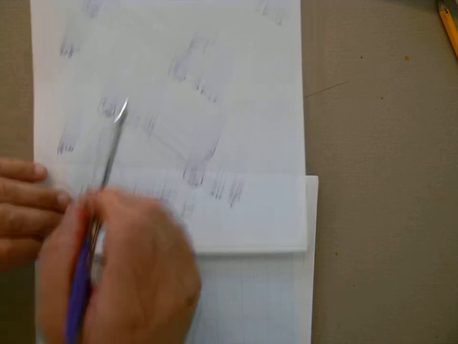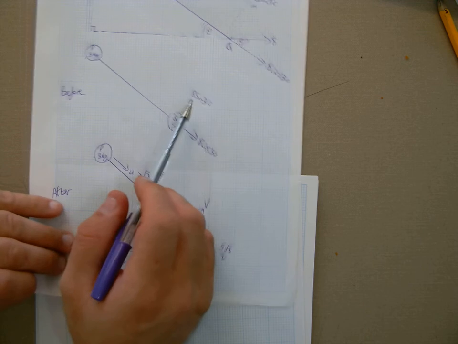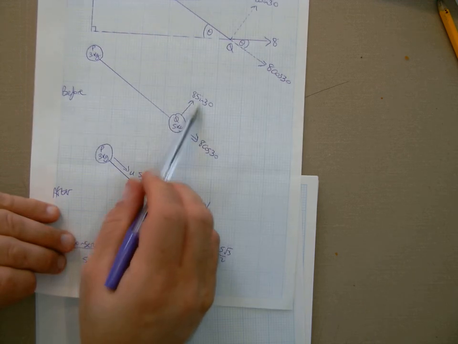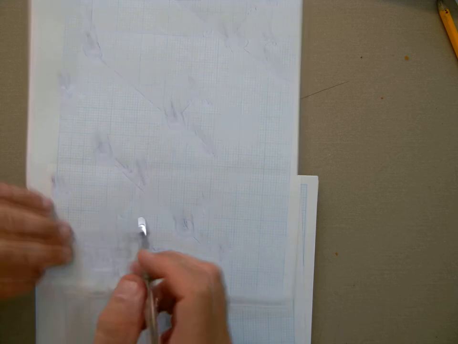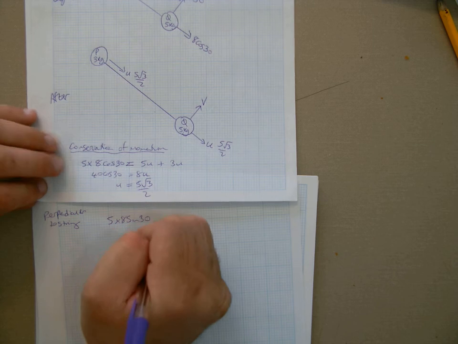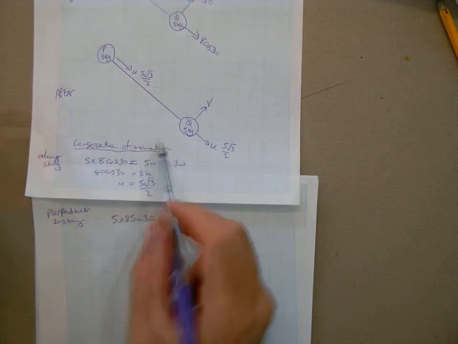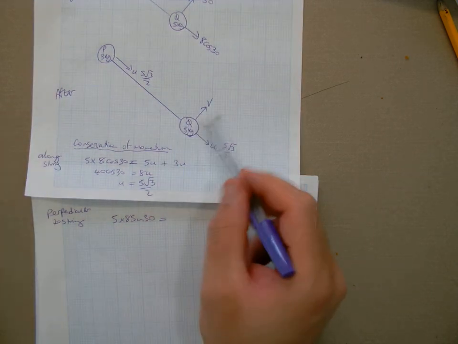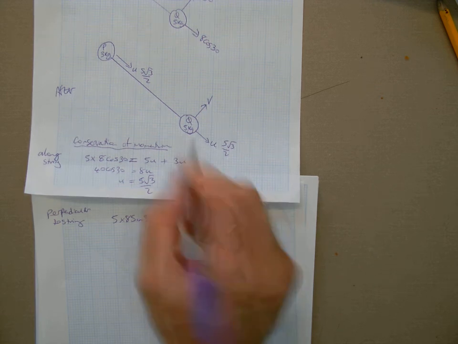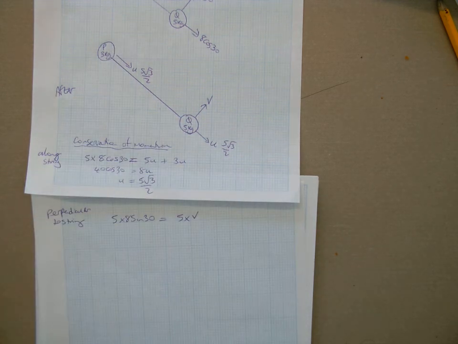Before, 5 is the mass and you've got 8 sine 30 going perpendicular to the string, so that'll be 5 times 8 sine 30. That will equal, afterwards, just v and the mass, so mass times v, and there's no movement perpendicular to the string there, of course.